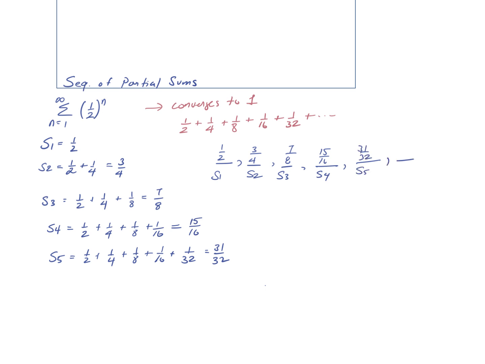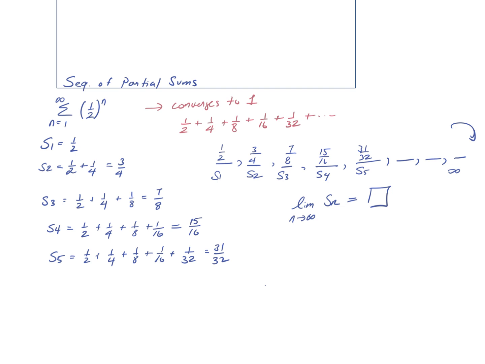And I want to go all the way to infinity. So if I could do the limit as n goes to infinity of a sub n, which in this case is my S sub n, equals some value, that will tell me what the sum of the series is.